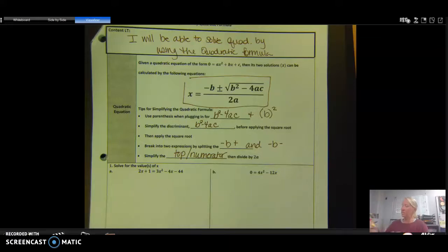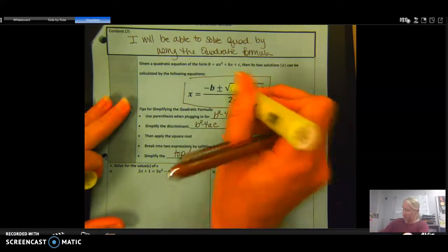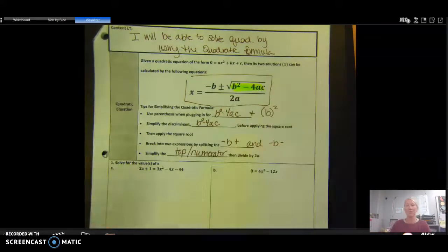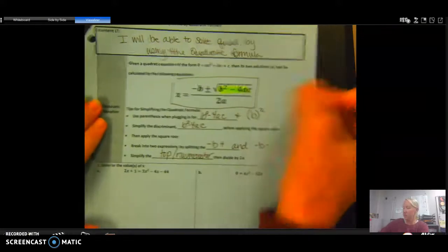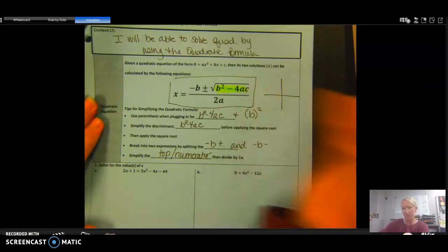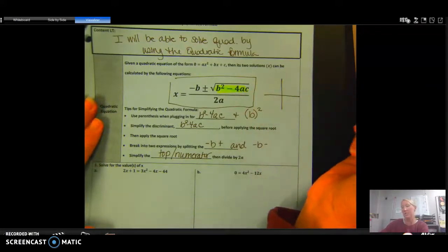This guy in here is what we call the discriminant. That's just the b squared minus 4ac, not including the square root. The discriminant allows you to find how many solutions you're actually going to have to the equation. So if we think about finding our zeros, we talked about where it crosses the x-axis.